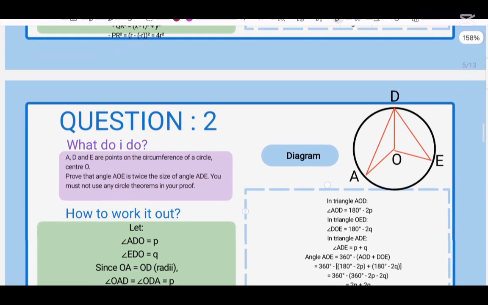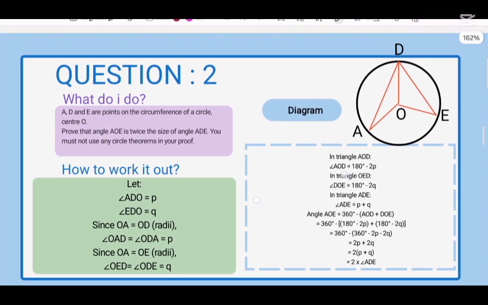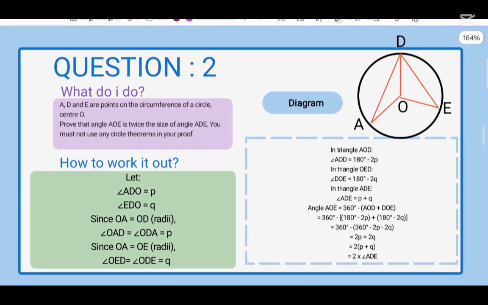Let's go to the next question now, question number 2. Question number 2 says A, D and E are points on the circumference of a circle, center O. So this is center O here.